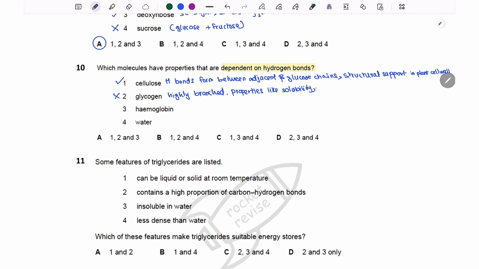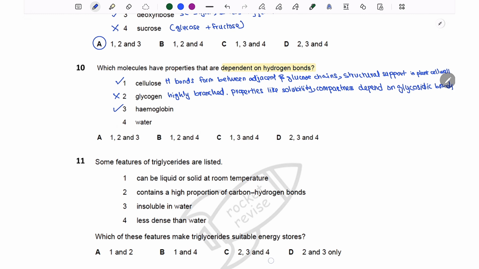Solubility and compactness are dependent on glycosidic bonds and not hydrogen bonds. The next one, hemoglobin.